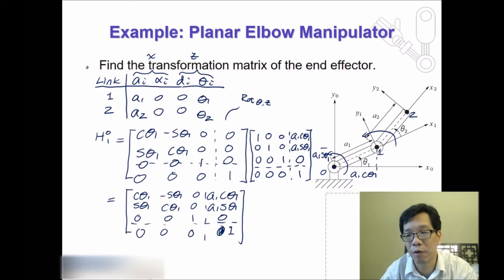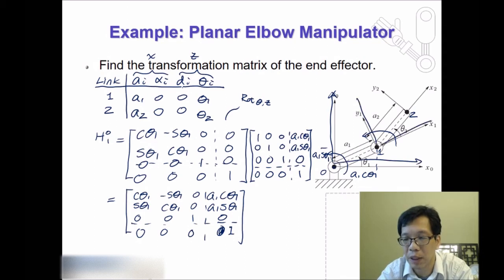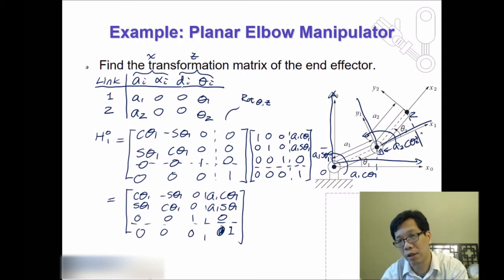Now if we want to do the second, from joint 1 to joint 2, keep in mind we are not related to x0 and y0. Instead, this is going to be your original frame from now on, which means we can do the same configuration, but this time the offset is going to be a2 cosine theta 2 along this direction, and a2 sine theta 2 along the y direction.